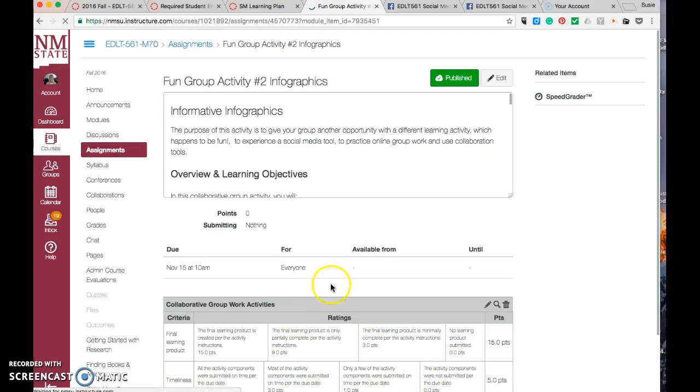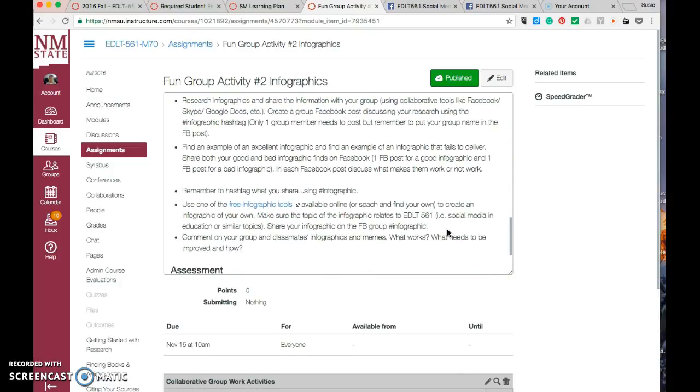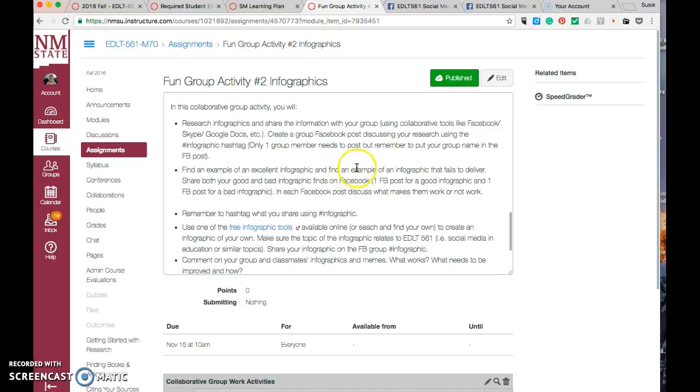If they would load, we would be that much further ahead. Great, here they are. And down at the bottom, there are the instructions. And you have one post that your group, only one group member needs to post, but remember to put your group name in the Facebook post. So thank you, Social Bugs, for reading the directions and following them.